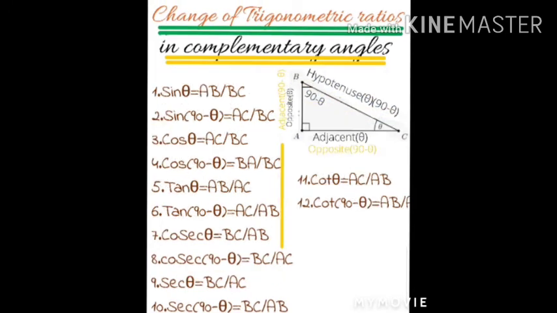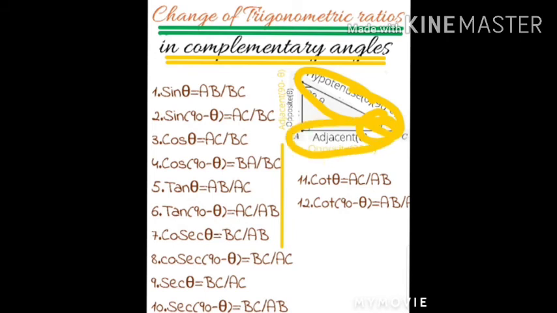Friends, now we are going to take the trigonometric ratio of sec theta. Sec theta will be equal to hypotenuse by adjacent. With reference to angle theta, we know that the hypotenuse is BC and adjacent is AC.